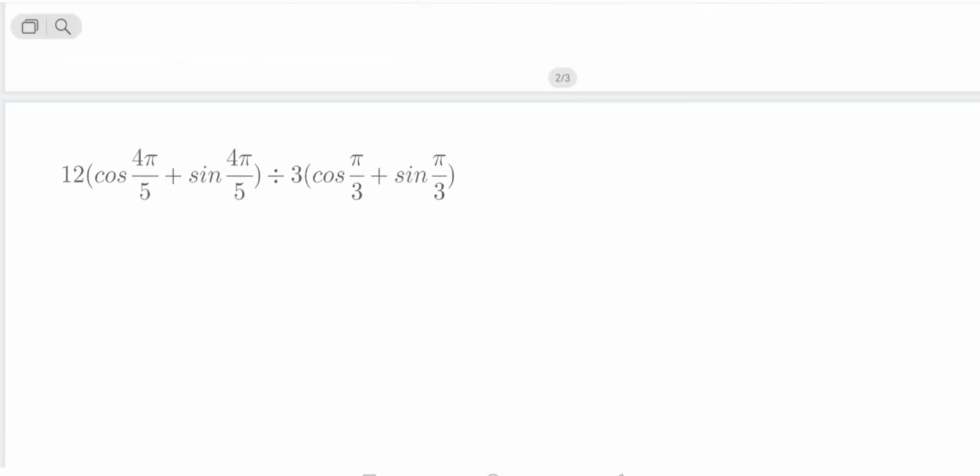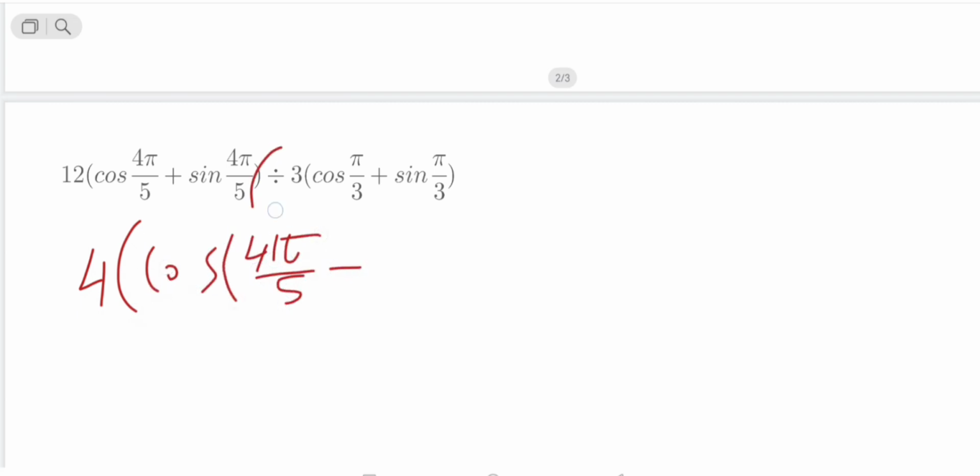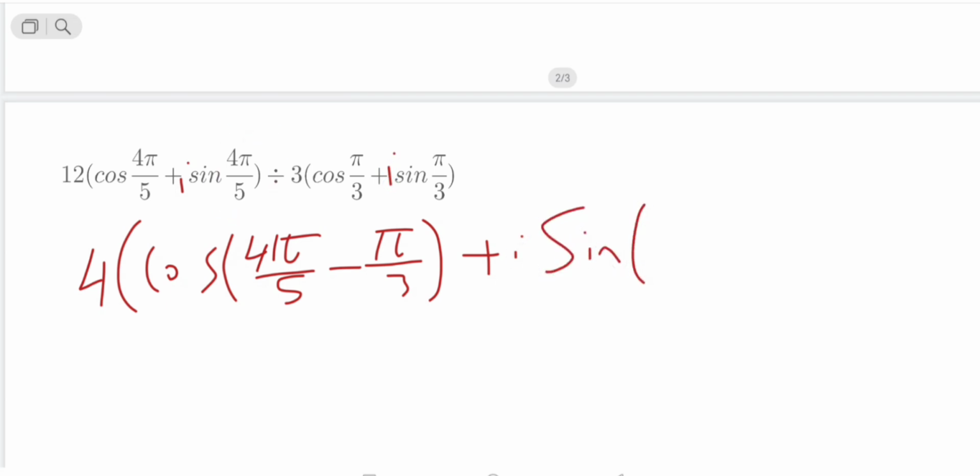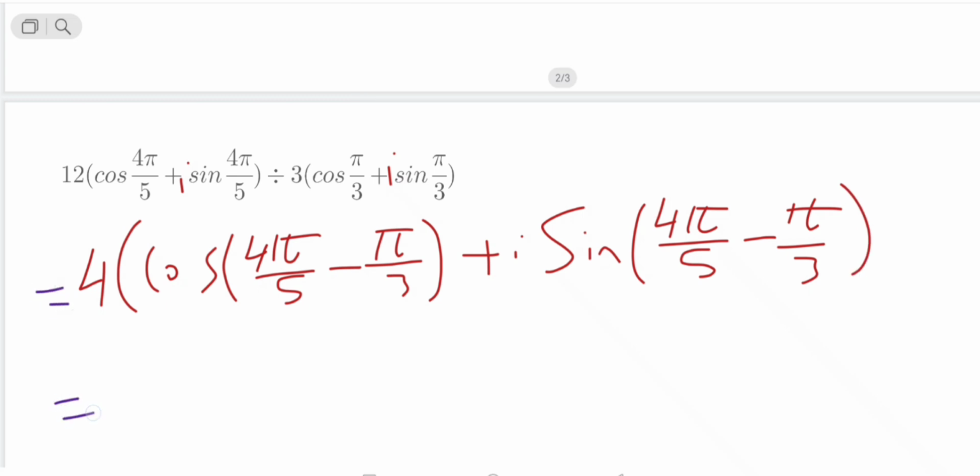Let's see this question. Dividing, so first r divided: 12 divided by 3 is equal to 4 bracket cos 4 pi over 5 minus, because we divide, we will subtract the angle, pi over 3, plus, here same, iota sine 4 pi over 5 minus this angle pi over 3, which is equal to 4 bracket.